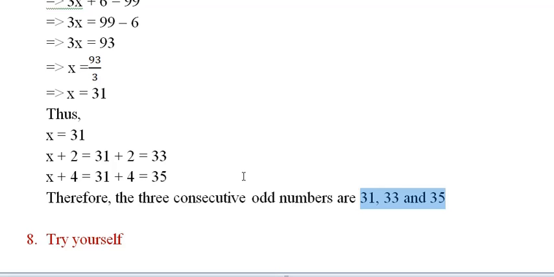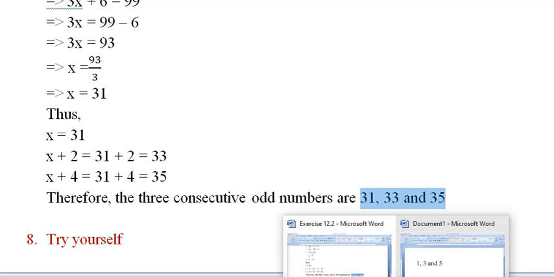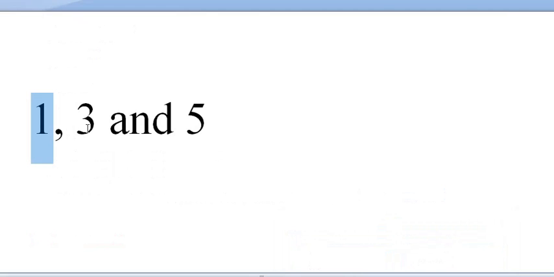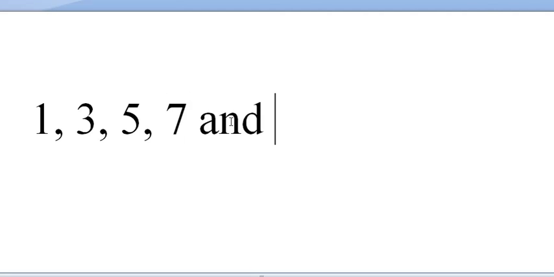consecutive odd numbers. So what do you mean by consecutive? Consecutive means that which comes in a progression, and the progression will be ascending, without leaving any odd numbers in between. So let us write the first five consecutive odd numbers: 1, 3, 5, 7, and 9.